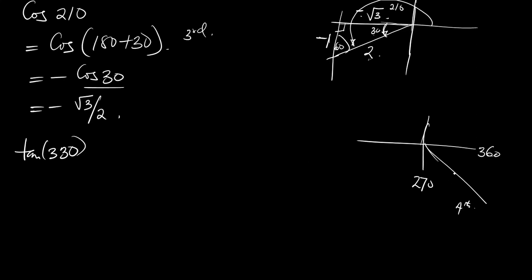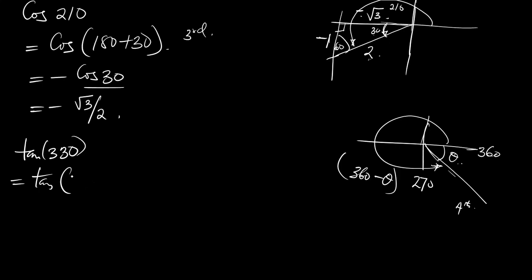Now, on the fourth quadrant, what is the acute angle between this line and the x-axis? Theta. So what is the angle you will subtract from 360 to give you theta? From here to here is 360 minus theta. So this is equal to 360 minus 30.